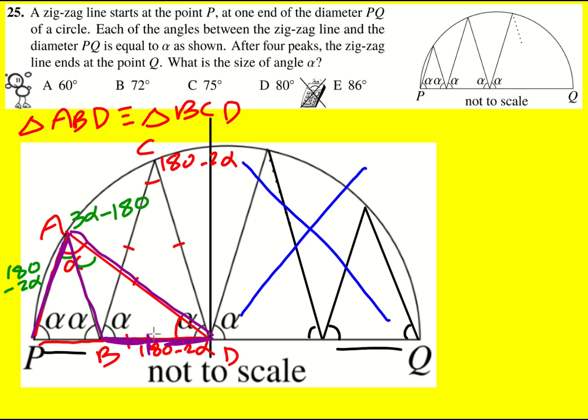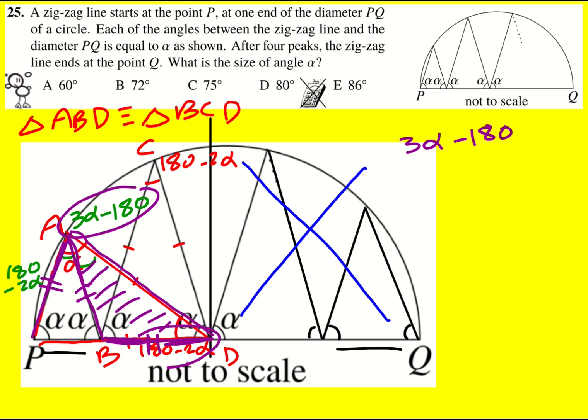So these two, going to do a double dash, are the same. But then with the smaller triangle, this length here is the same as that other length, so they are also the same. And what I'm trying to argue is that this triangle that I'm now highlighting is also an isosceles triangle. And that means that the base angles 3 alpha minus 180 must equal one another, and the other one is 180 minus 2 alpha.